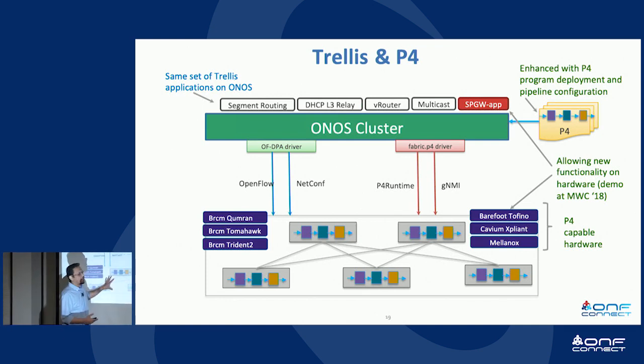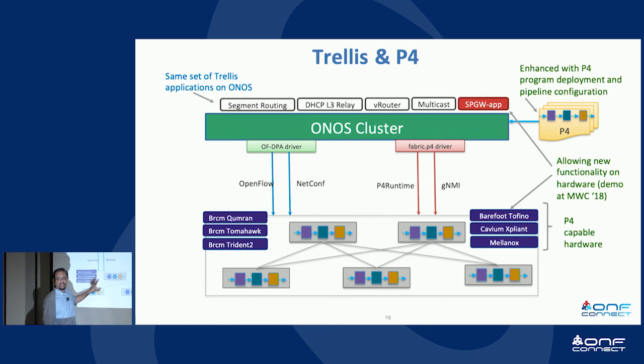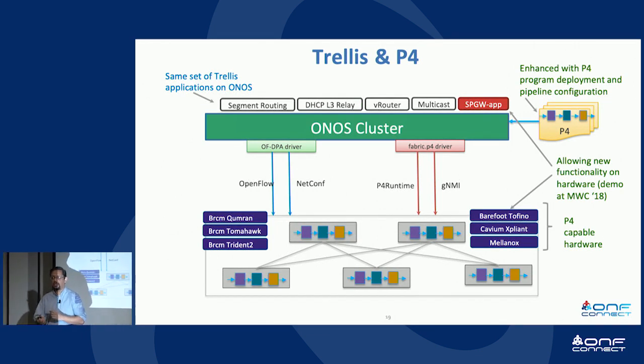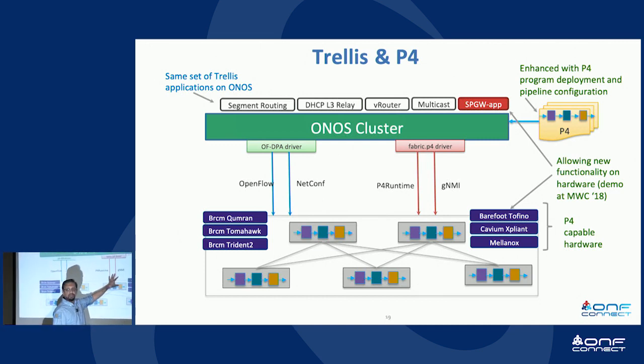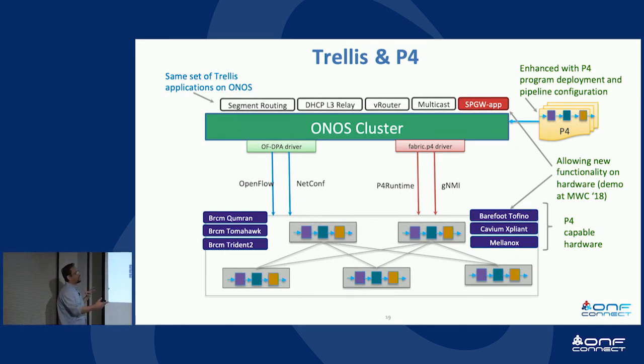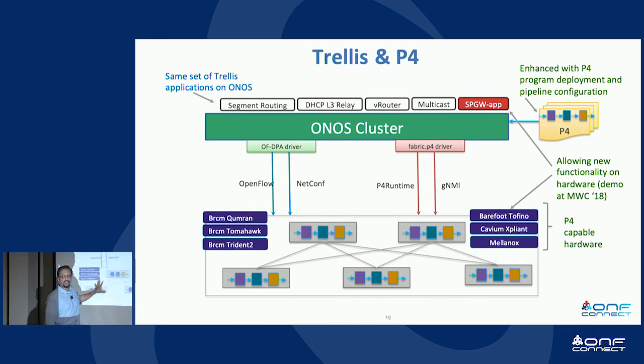So that may not be a capability that is supported in these ASICs, but in the programmable ASICs, I can actually create a pipeline that does that encap decap, and that functionality is driven in a different way through different interfaces into the box. So Trellis today is compatible with both, right? It can use these interfaces to work on this set of ASICs, as well as P4 to work on a different set of ASICs. And it's the same application.